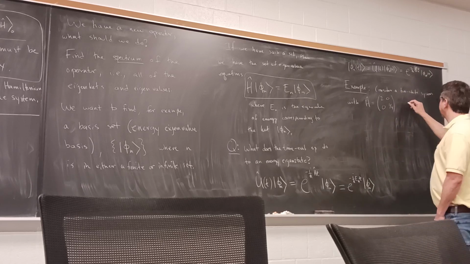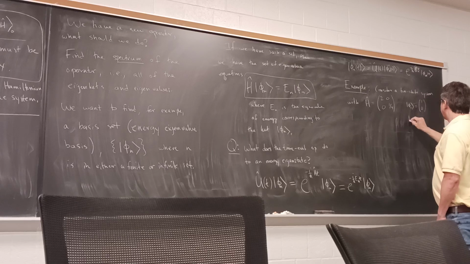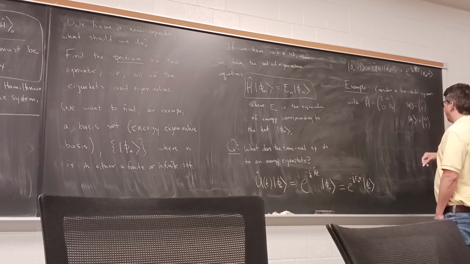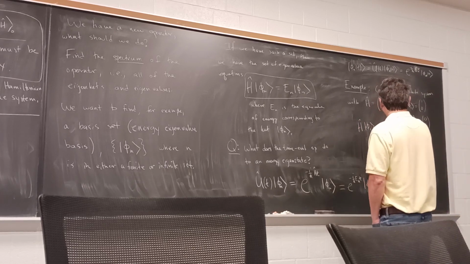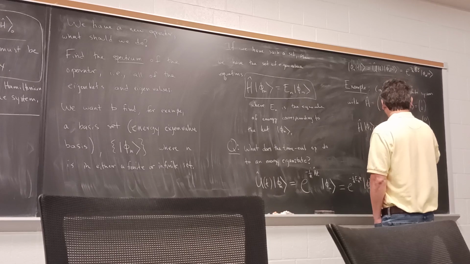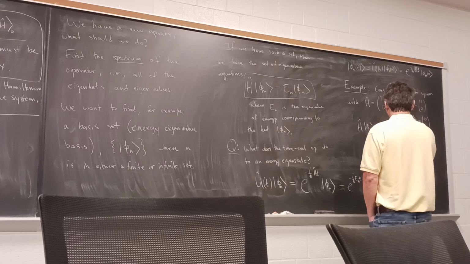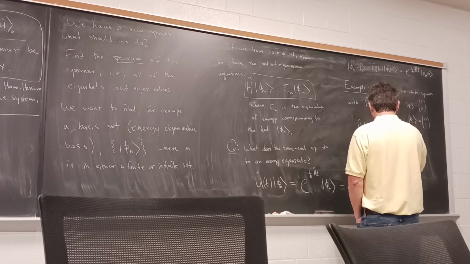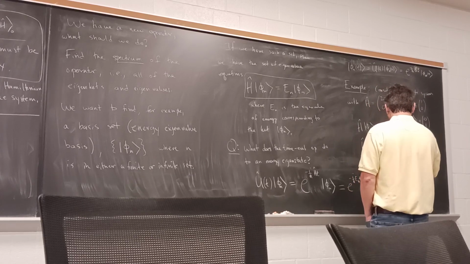Let's call phi 1 (1, 0) and phi 2 (0, 1), so that H hat on phi 1 is equal to 2 phi 1, so this is E1, and H hat on phi 2 is equal to a quarter phi 2, so that's E2.